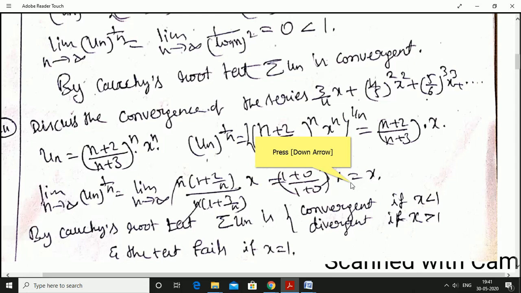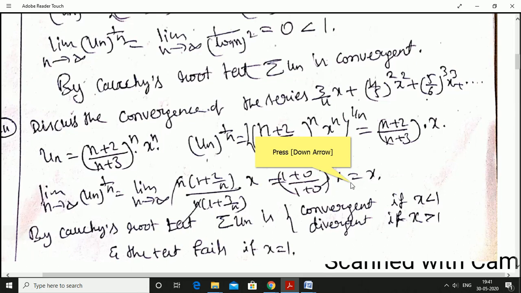Limit as n tends to infinity, un to the power of 1 by n. That is equal to limit as n tends to infinity, n is common. We need to take that outside both in numerator as well as in denominator. N into (1 plus 2 by n) divided by n into (1 plus 3 by n), into x. N gets cancelled. Now apply the limit as n tends to infinity. 2 by infinity is 0. 0 plus 1 is 1.